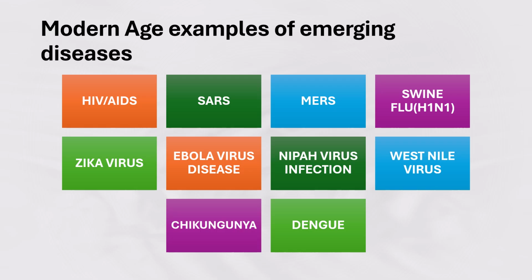Chikungunya. In India, we are all very well versed with this particular disease. This mosquito-borne virus re-emerged in recent decades, leading to outbreaks in various regions worldwide. Dengue fever is another very well-known disease which is doing rounds in the city of Mumbai and in India at large.